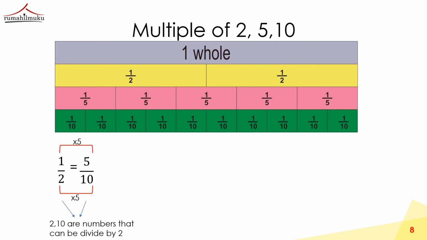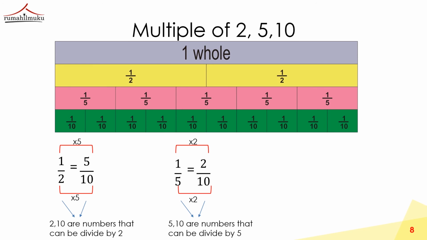At the same time, we also multiply the numerators by the same number. This time, we need to get from 5 to 10 by multiplying by 2. And 5 and 10 are numbers that can be divided by 5. The same goes for 3/5 to 6 out of 10.